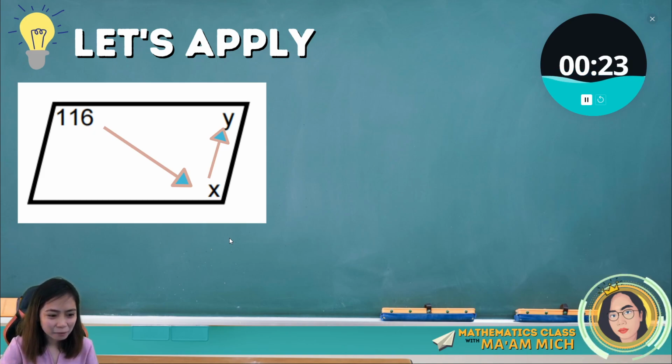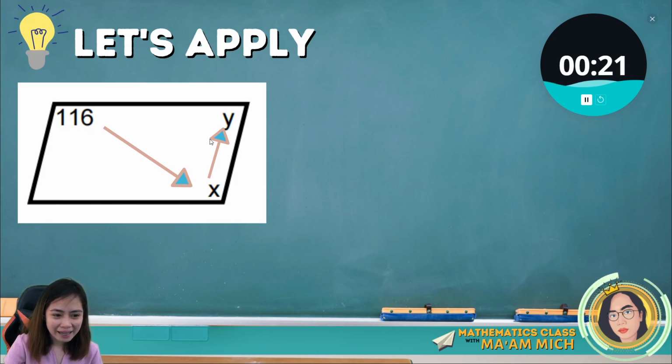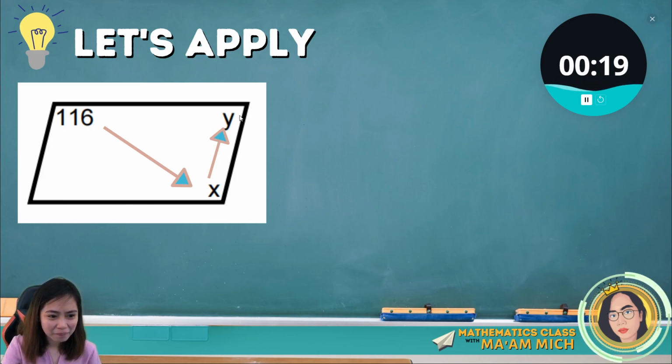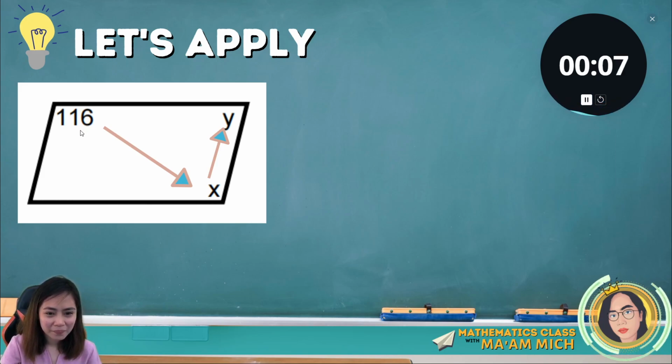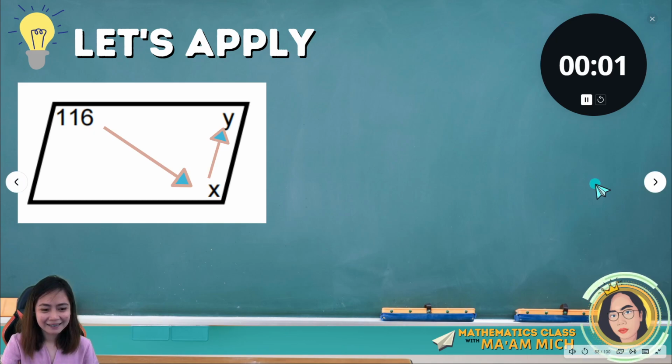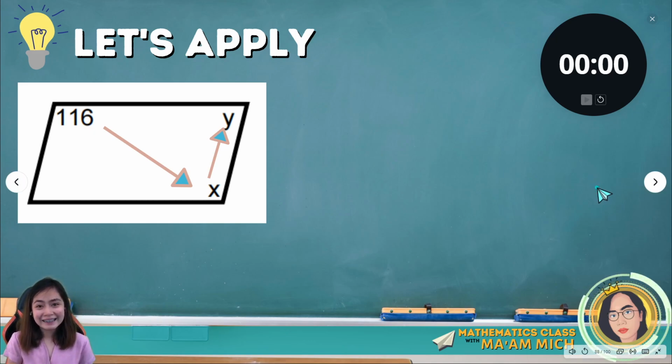Twenty-five seconds. Again, what is the relationship of our given 116 degrees to angle x and angle y? 10 seconds. Are you done? Let's check your work.